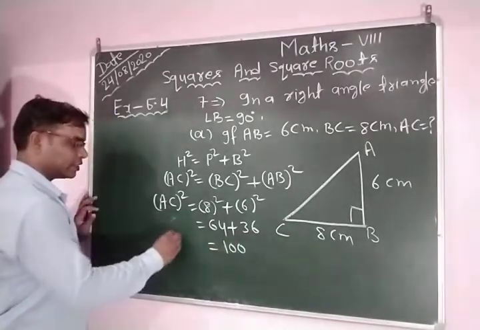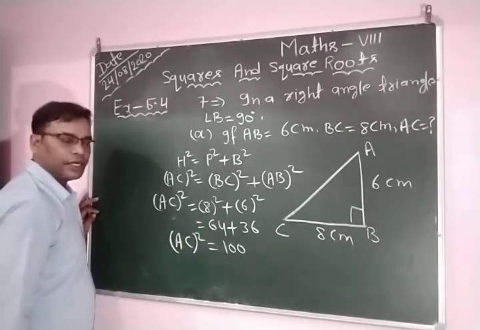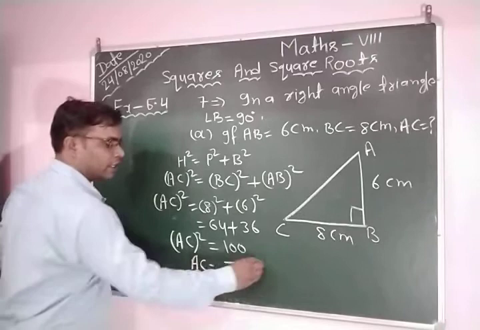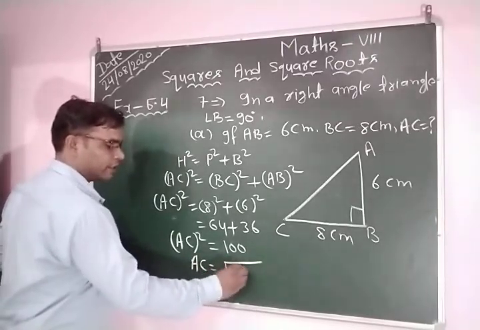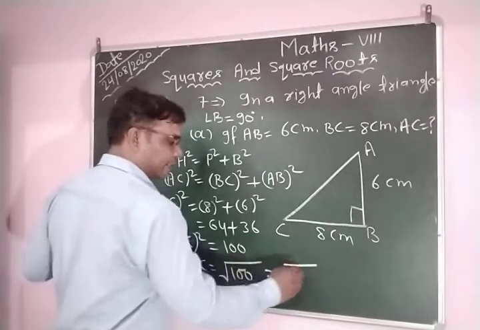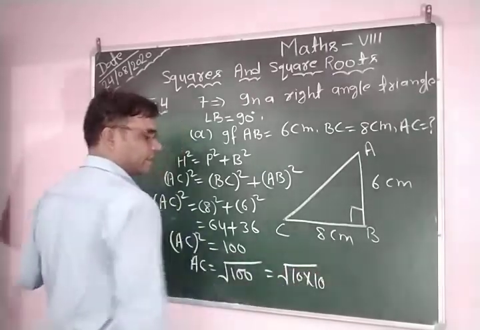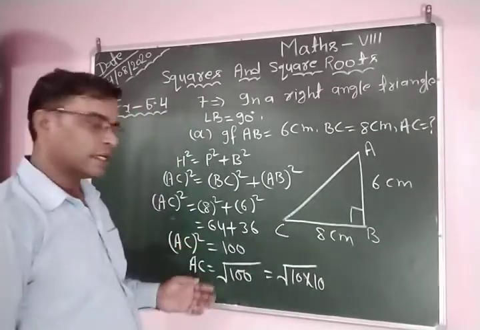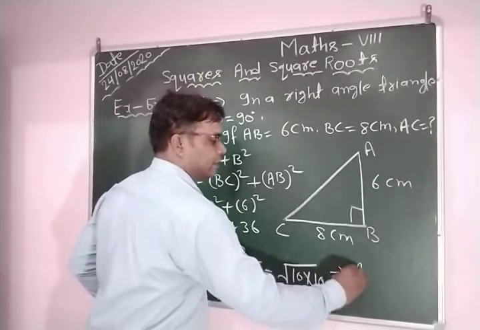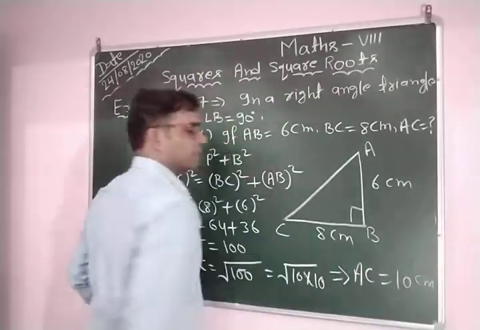So square of AC is equal to 100, or you can write AC is equal to the square root of 100. You can write 100 as 10 into 10. So this implies that AC is equal to 10 centimeters.